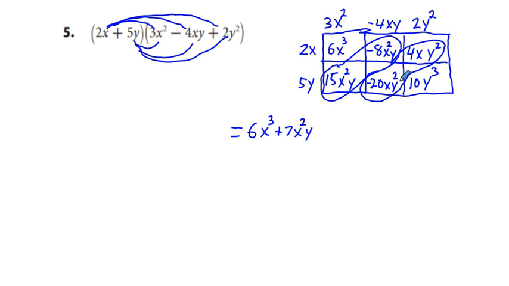Then we have negative 20xy squared plus 4xy squared, which is minus 16xy squared. And finally, we have plus 10y cubed. That's going to be 5. Make sure everything looks good here.